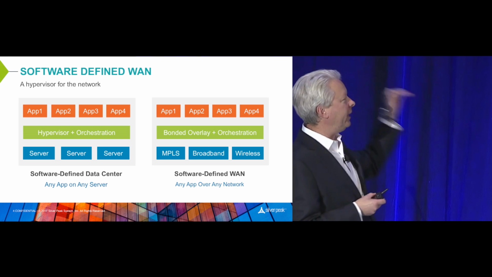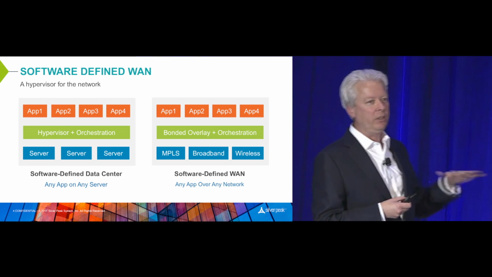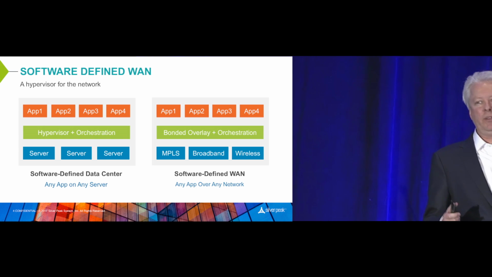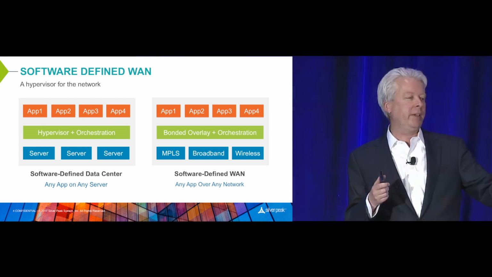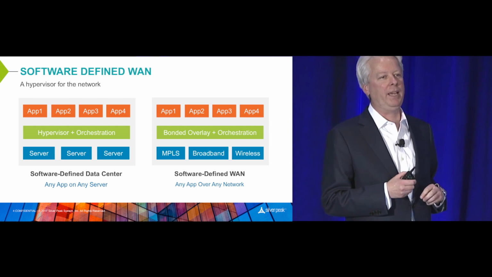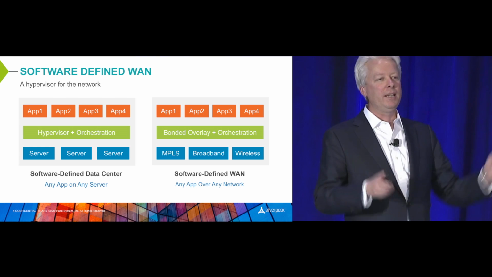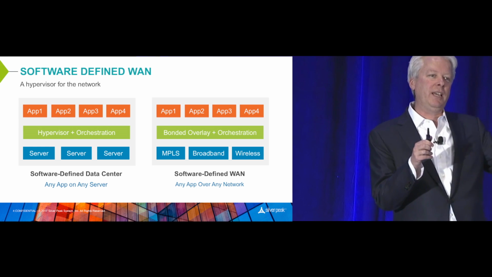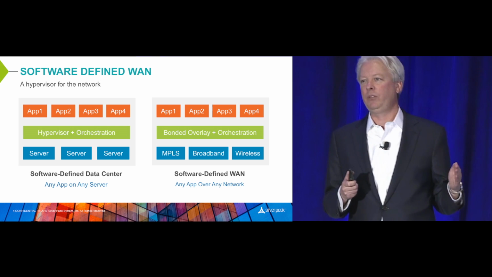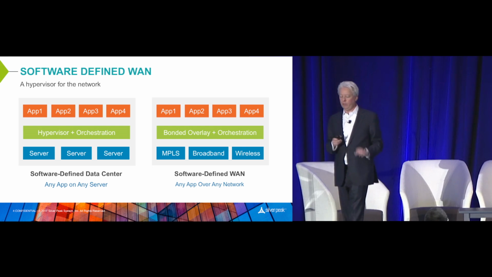And in order to do that, there's this layer of virtualization using hypervisors and orchestration that makes that pool of servers, which can be mixed and matched from different vendors, that can be upgraded independently of your applications. Applications just keep running. That hypervisor and orchestration, that layer, is what really lets you treat it as an agile pool of server resources, any app on any server.